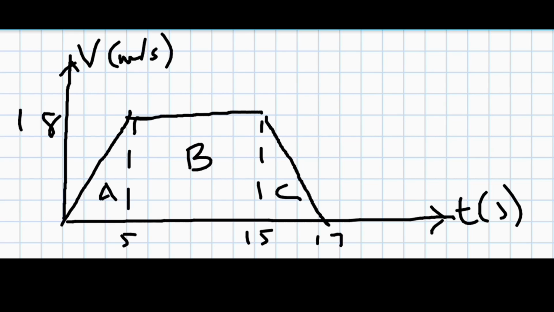That is, this body moved from rest, so the initial velocity was 0, and it attained a speed of 18 meters per second. That means the final velocity is 18, and it started from time 0 to time 5 seconds in the acceleration region.